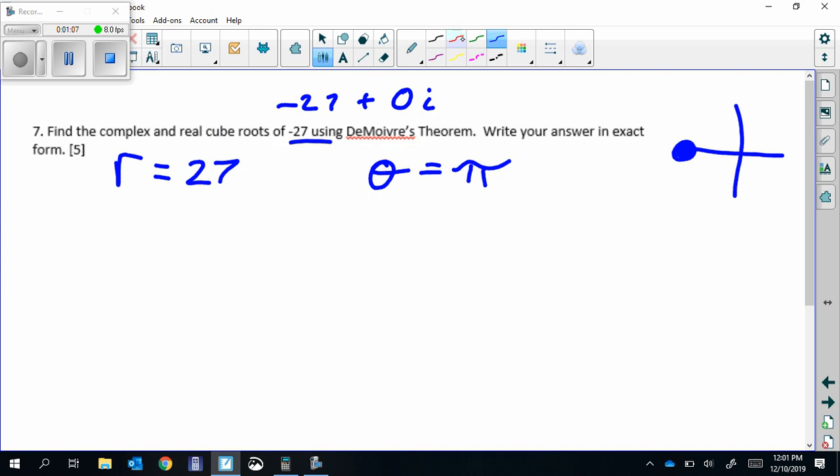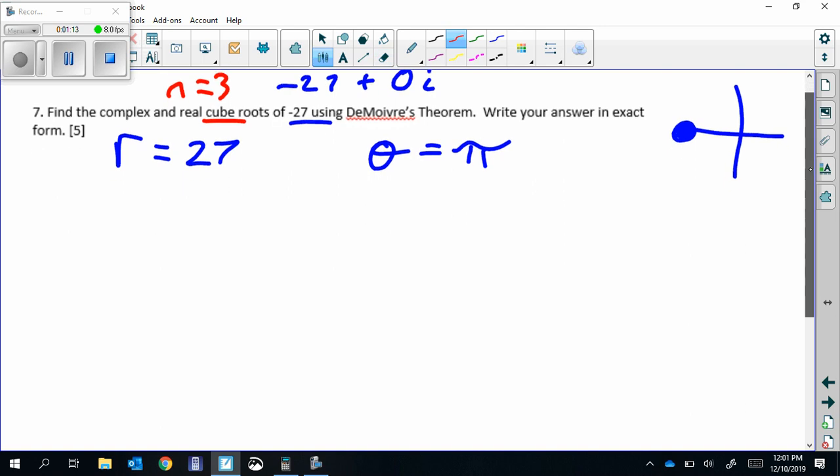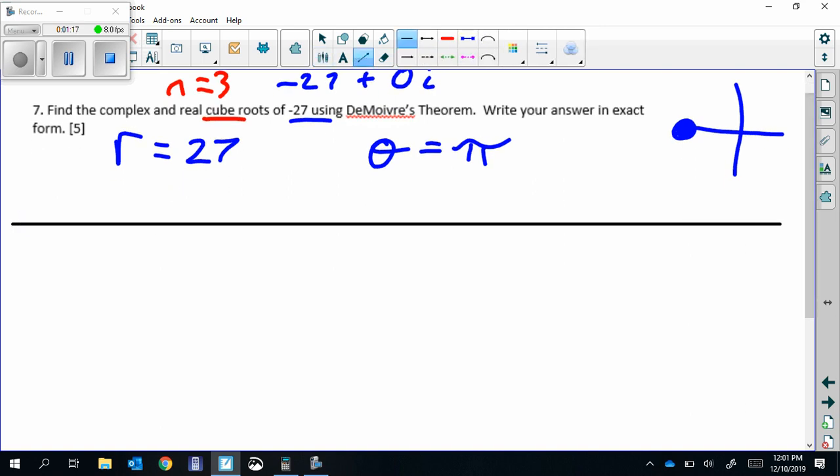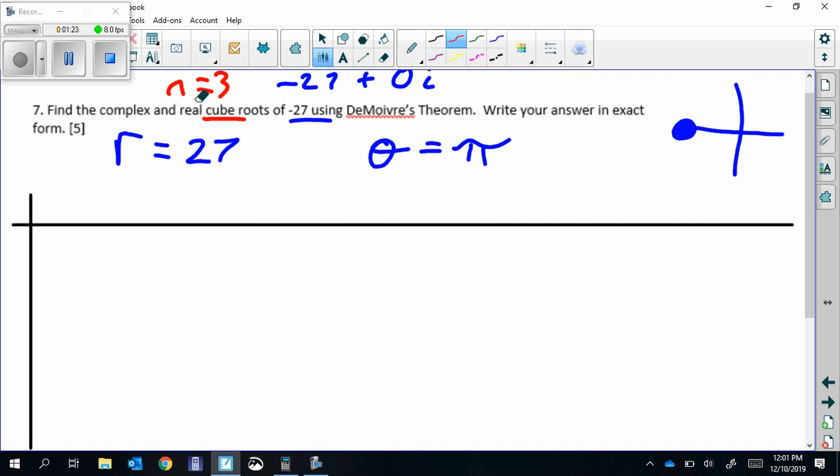Since we're doing cube roots, that means n equals 3. And we're going to set up the table. So since n is 3, that means k starts at 0, 1, and 2.